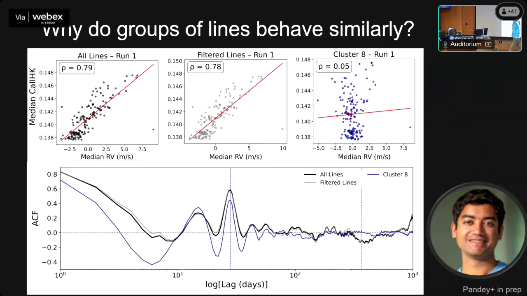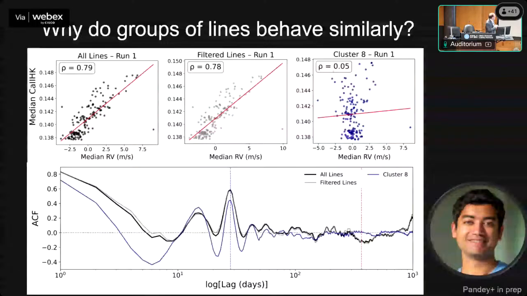If, on the other hand, I take out some of the lines that don't belong to any cluster, still a similar level of scatter, still a similar level of correlation. But I look at, say, one cluster. Well, this cluster here corresponds to a narrow range of velocity, so it's less sensitive, and seems to not care what my calcium index is, whether it's high activity or low magnetic activity. They're giving a very similar velocity. So we have a cluster that's less sensitive to magnetic activity.